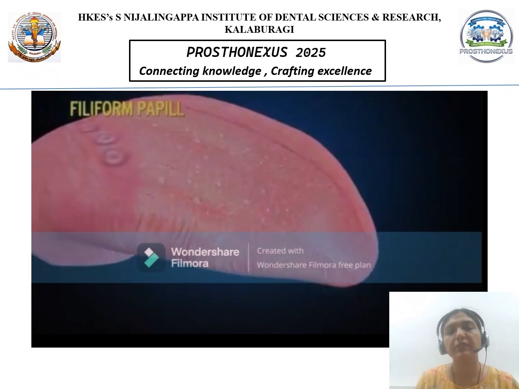The most important thing to remember about filiform papillae is that they don't have any taste buds in them, and they are also located at the dorsum surface and the lateral surface of the tongue. In cross section they are more hair-like structures, or they have projections present.